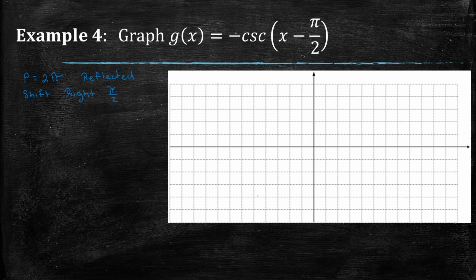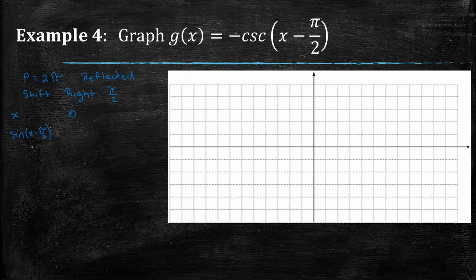Okay, so with that information in here, I can start off by setting up my table again. So I have my x values and my sine of x minus pi over 2. Starting here at 0, if I put a 0 in here, I get negative pi over 2.